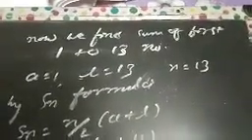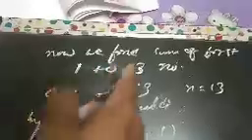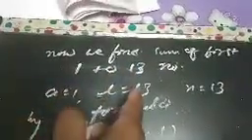Now we find the sum of the numbers 1 to 13, because there is 1 plus 2 plus 3 plus 4 plus up to 13. So we take it as an AP. Here the first term a is equal to 1 and the last term l is equal to 13. Total number n is equal to 13.